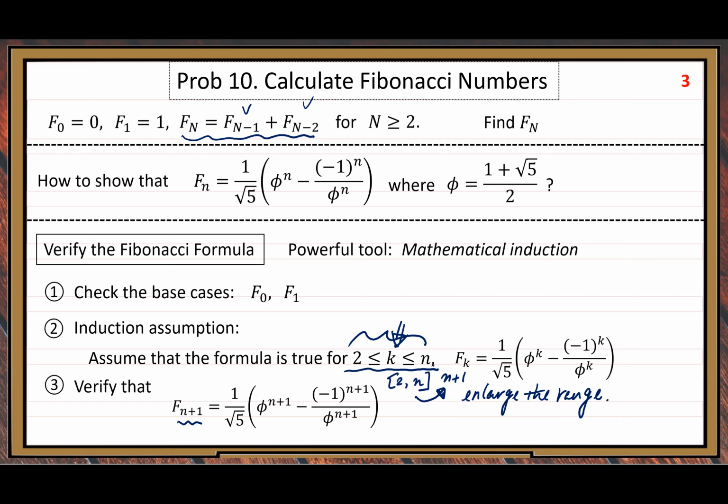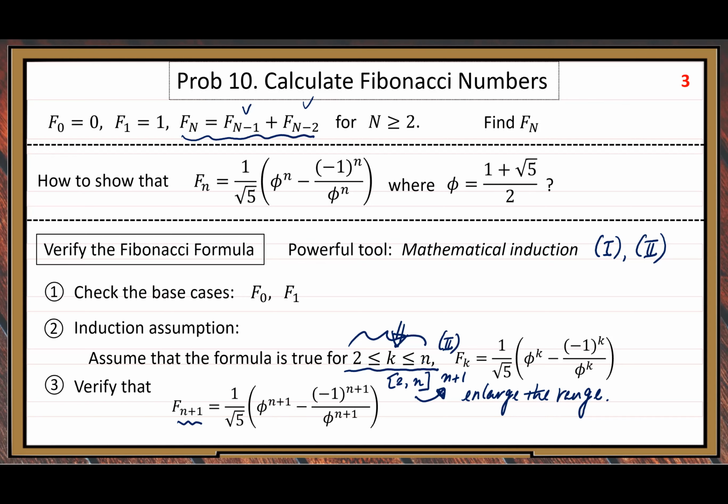When you go back to look at the mathematical induction, the theory part, you will see there are two versions, version 1 and version 2. Version 1 is a weaker version. Version 2 is a stronger version. Here we use version 2.